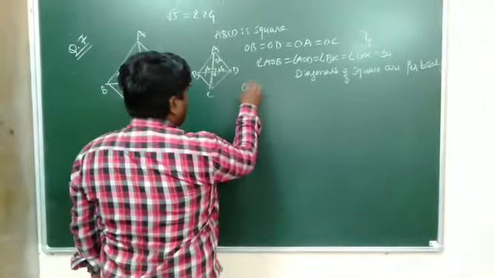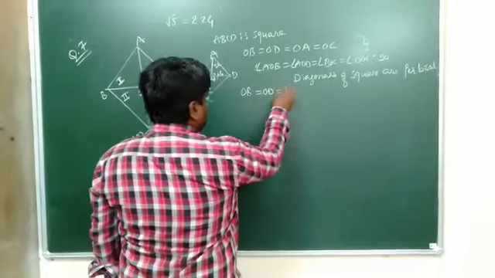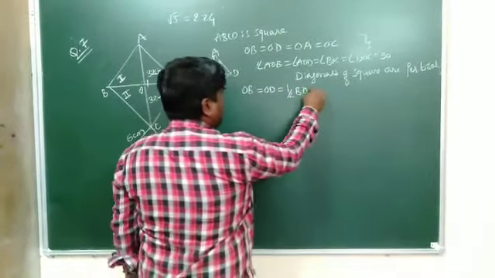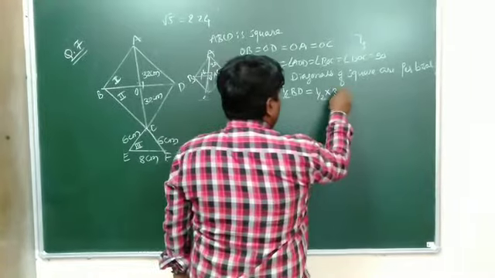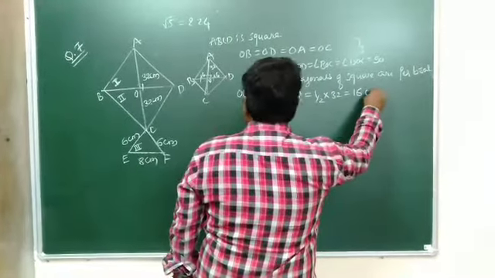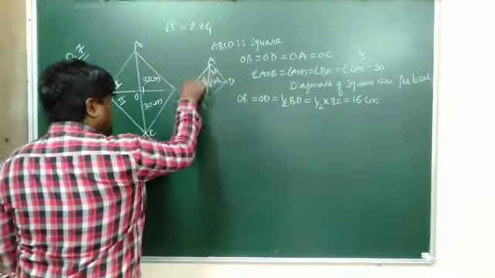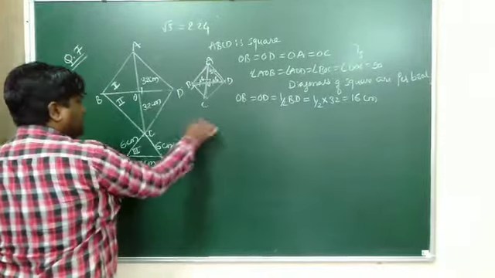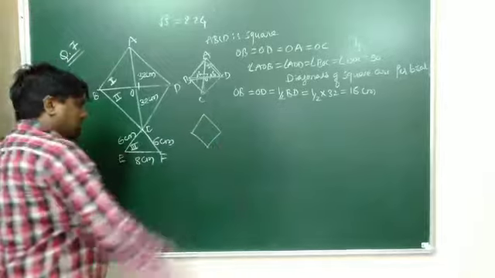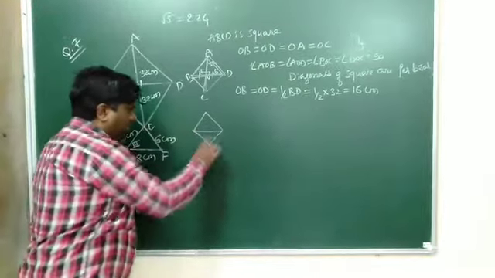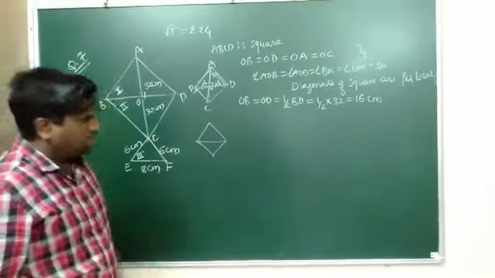So OB equals OD equals 1 by 2 BD, 1 by 2 of 32 equals 16 centimeter. I will split this square into two equal parts simply with the diagonals.